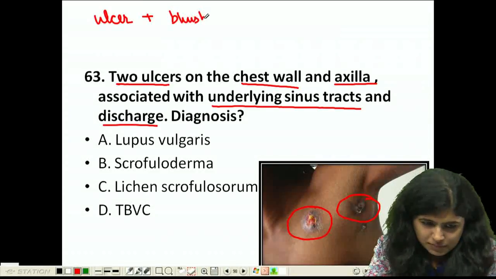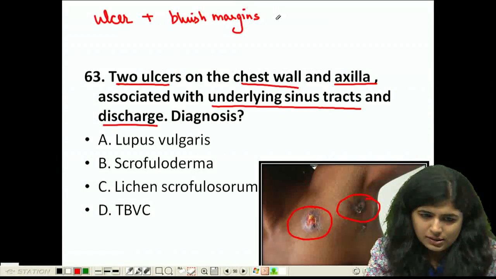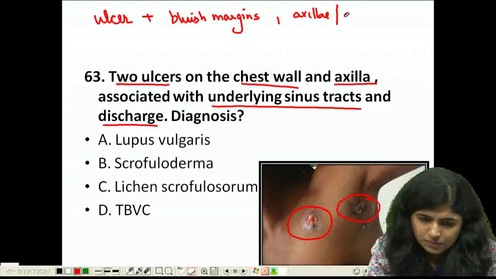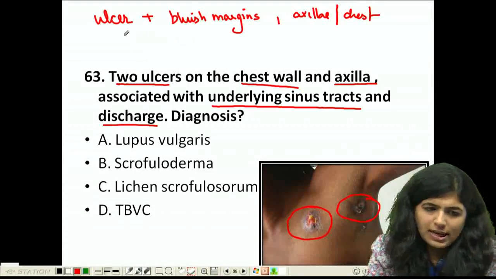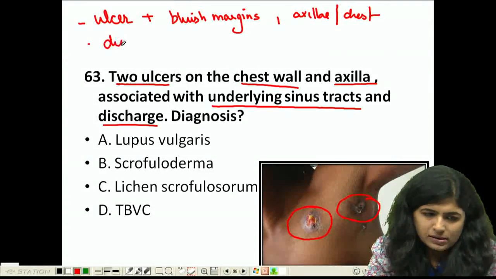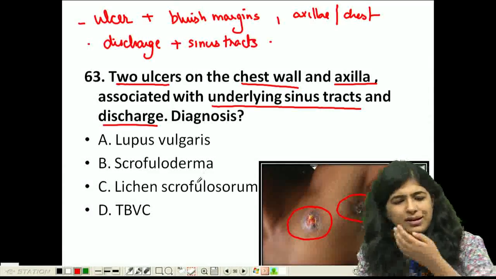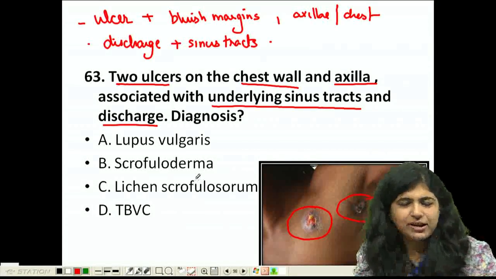with bluish margins present in the axilla and the chest, and as per the question, it also has discharge and sinus tract. Very, very typical.